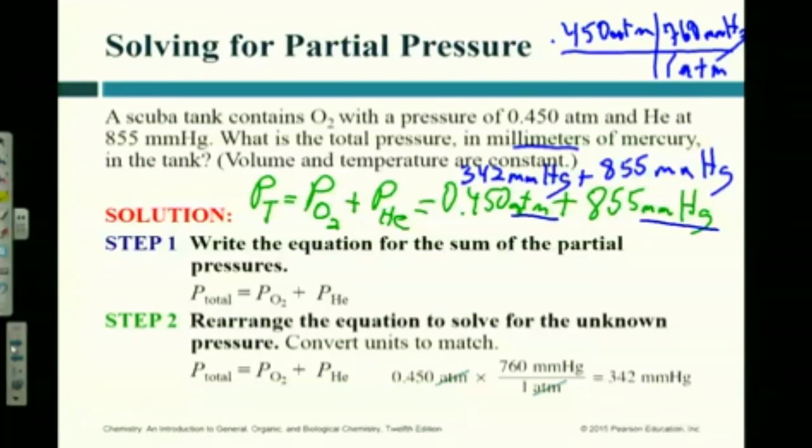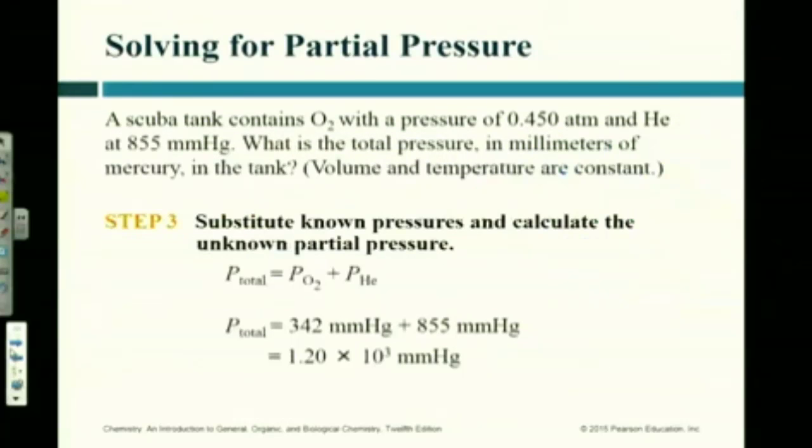So now I think we can all add, right? So what is that? 1197? And I think they actually rounded off to 2 sig figs. 1200 millimeters of mercury.